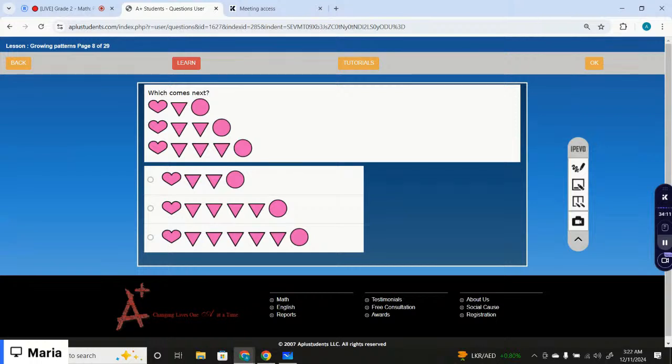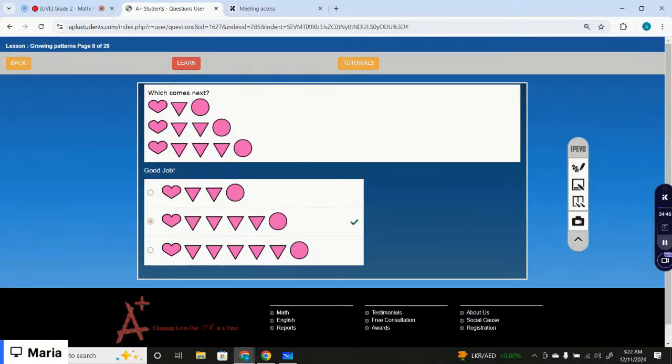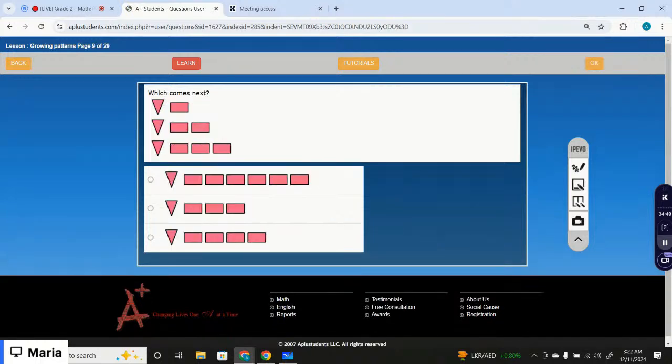Which comes next? Which is the correct option? Option number 2 is the correct option, right? The rectangles are growing. So the correct option is option number 2. Which comes next?